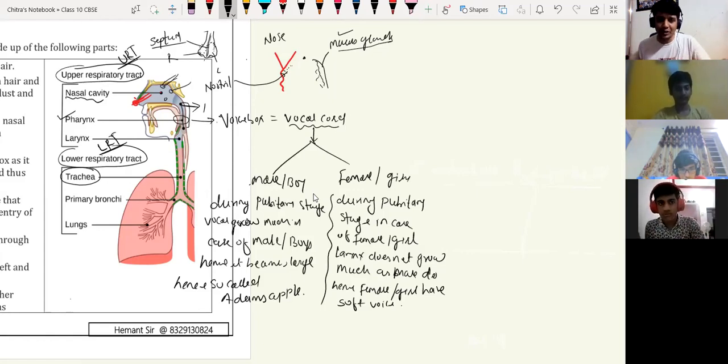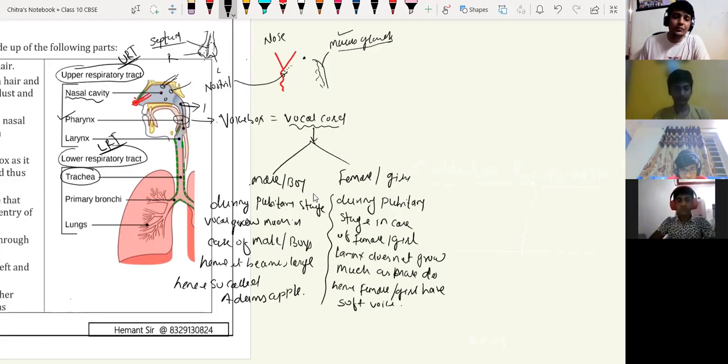Understood what URT and LRT are? URT includes the nose, nasal cavity, nostril, pharynx, and larynx also. The lower respiratory tract includes the trachea, then the left and right bronchi, then bronchioles, then ultimately the lungs.